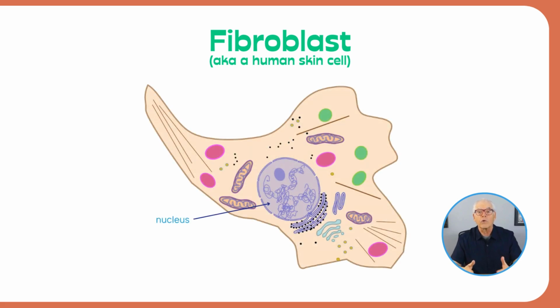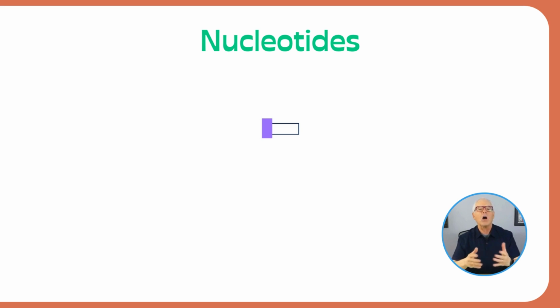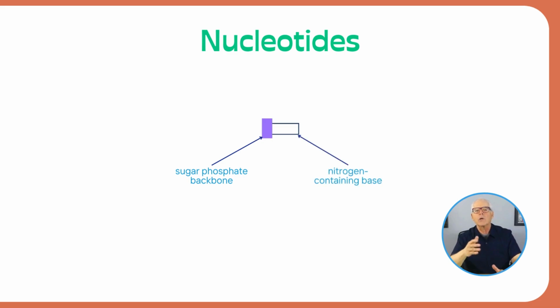Let's look more closely at the process of making a protein. As I just said, it begins in the nucleus, where the instructions are stored in DNA. DNA is made in long double helical chains from building blocks called nucleotides. Nucleotides are molecules made from a sugar phosphate backbone attached to a nitrogen-containing base.